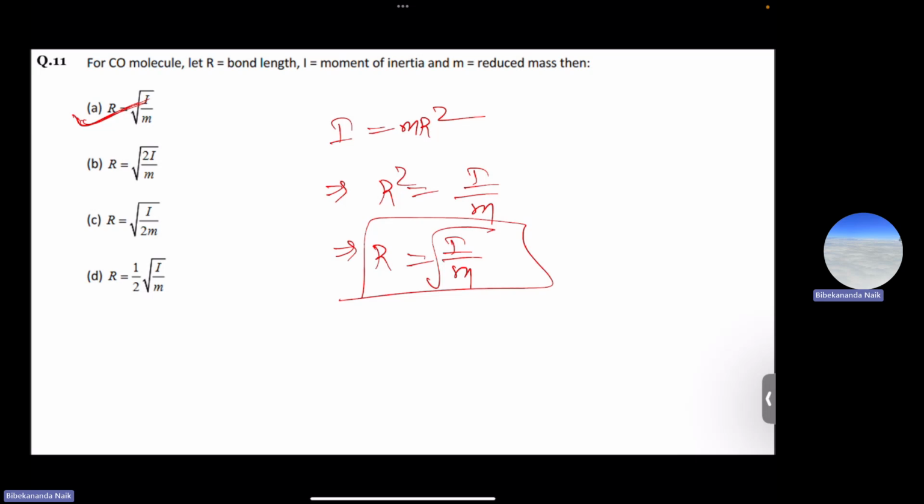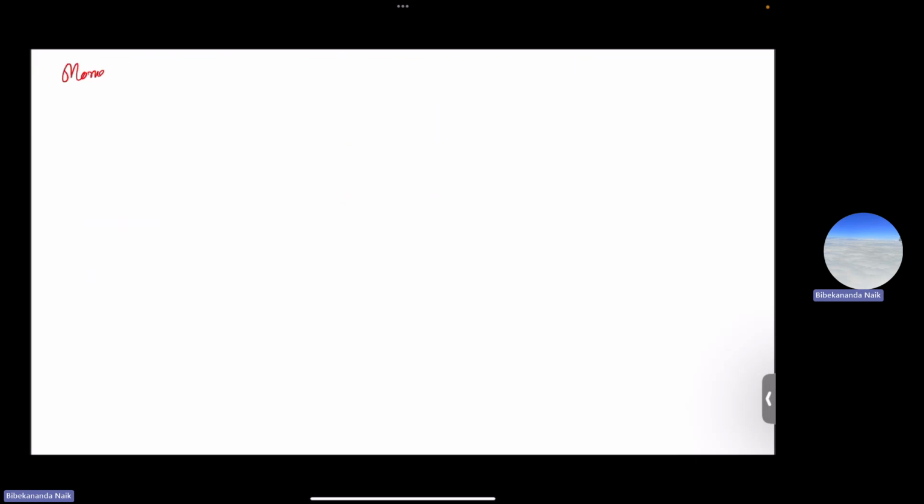square. So moment of inertia for carbon monoxide molecule is 1.46 into 10 to the power minus 46 kg meter square. Now calculate the energy in eV and the angular velocity in the lowest rotational energy level of carbon monoxide.